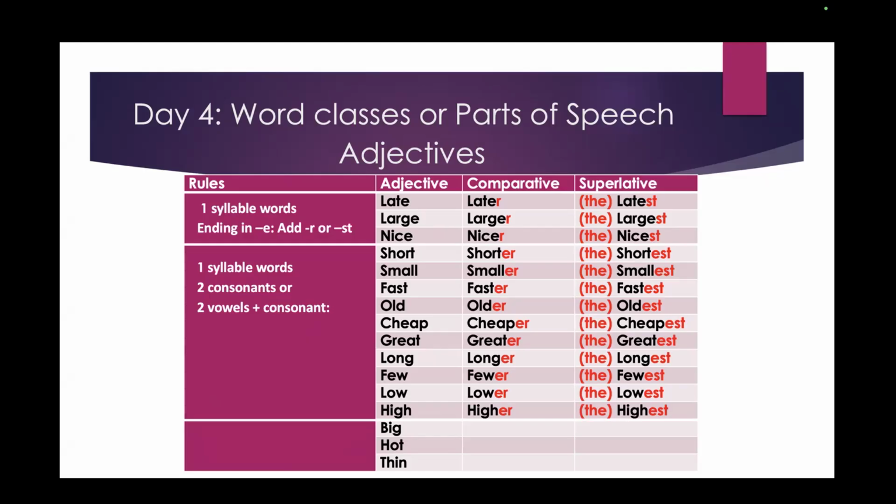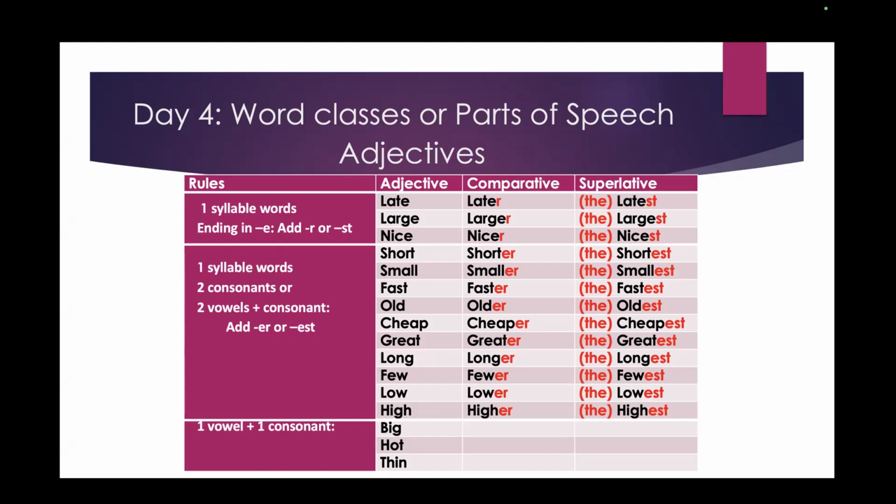High, higher, the highest. So these are cases where you have either two consonants at the end of the adjective or two vowels plus a consonant. For example, cheap, cheaper, the cheapest, and great, greater, the greatest, where you have two vowels plus a consonant. And yes, we need to add ER or EST for the comparative and superlative.